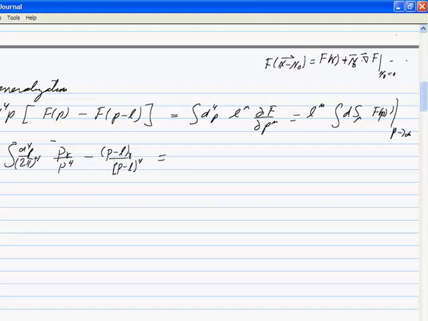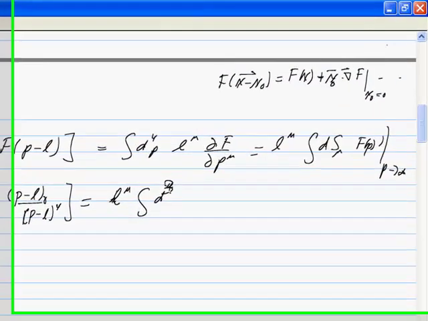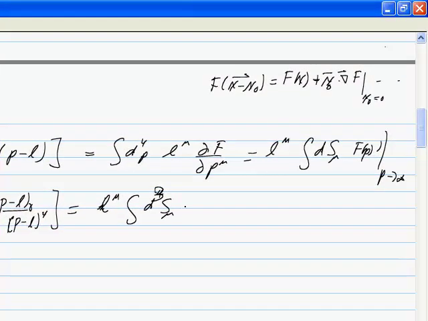This would then turn into L mu integral d3 surface mu, and I've got p gamma here over p to the 4th.